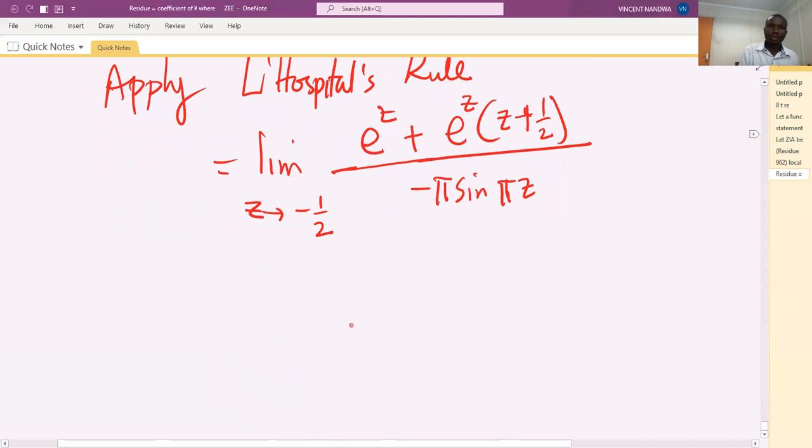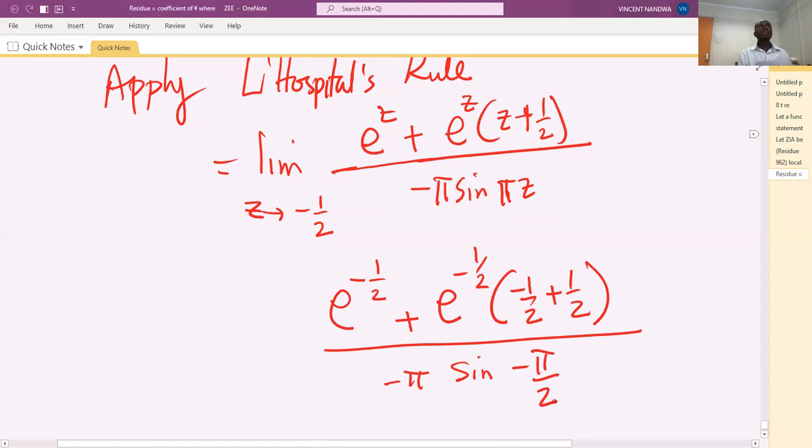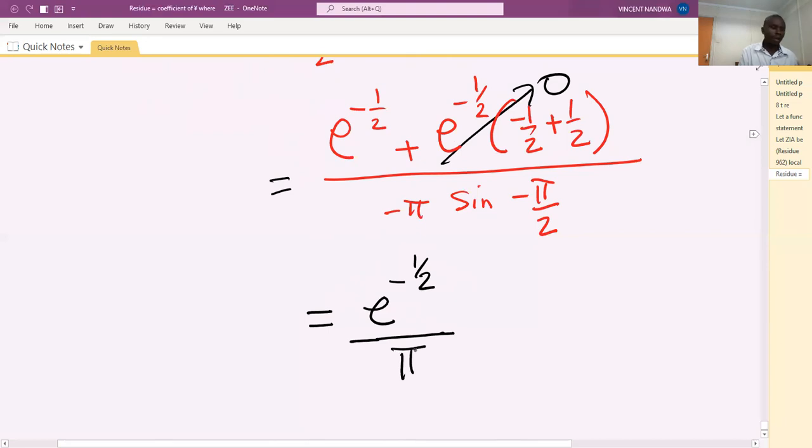So when you put negative a half for z, we'll have divided by negative pi sine of negative pi over 2. Sine of negative pi over 2 is negative 1. Negative 1 times negative pi is positive pi. And this other part is 0, because of this bracket. So this residue will just be e raised to the power negative half over positive pi.